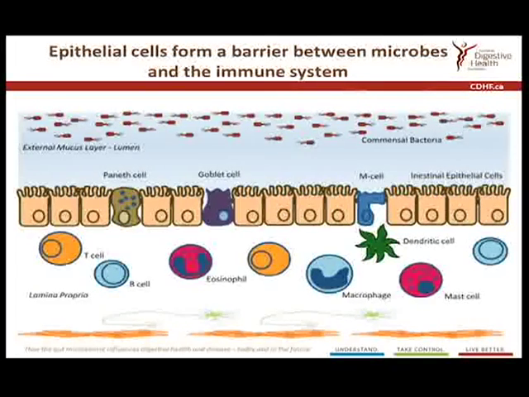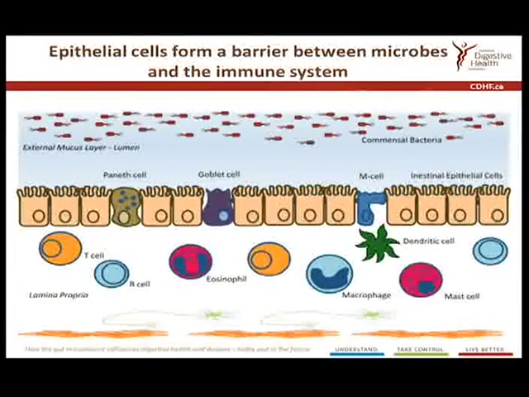The role of the M cells in the gut is really to monitor the microbial environment. The microbes come down, the M cells identify them, and present them and show them to the immune system.